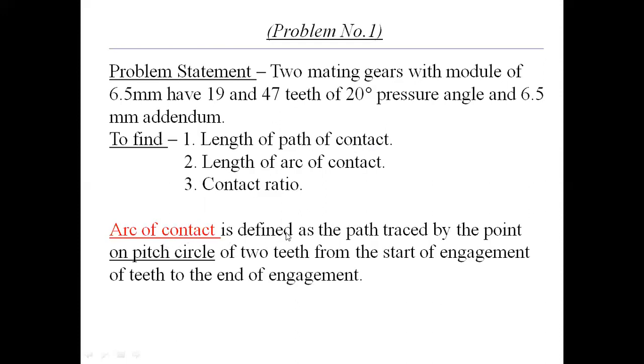It is defined as the path traced by a point on the pitch circle of two teeth, from the start of engagement of the teeth to the end of engagement of that same teeth.